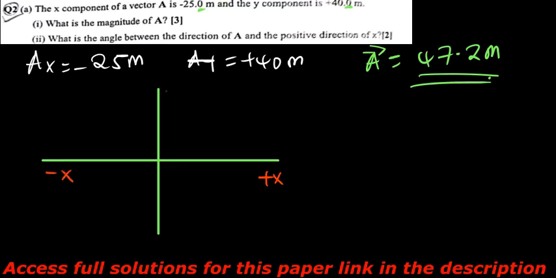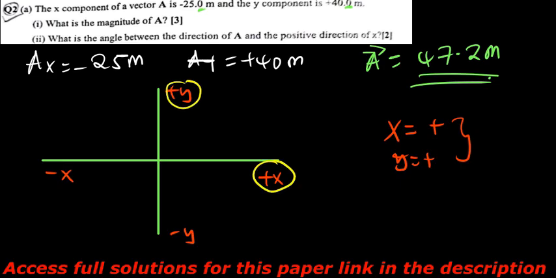That's positive y and that's negative y. So if you discover that the vector's x component is positive and the y component is also positive, then that vector has to fall in the first quadrant. In the first quadrant we have x positive and y positive, so it has to fall in this quadrant.